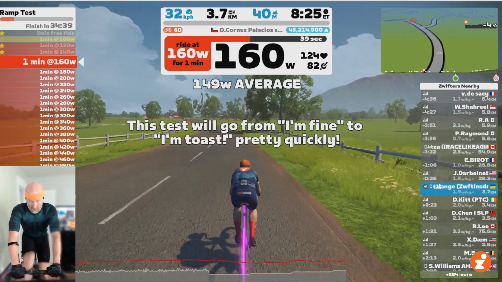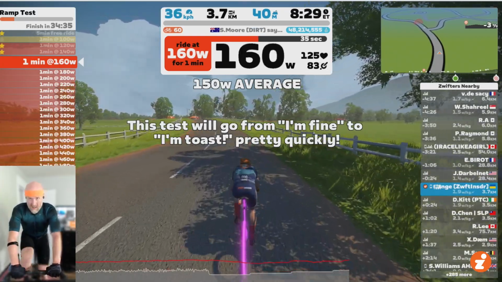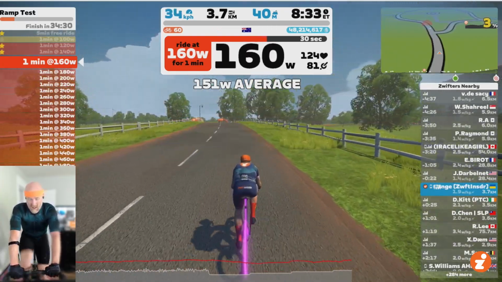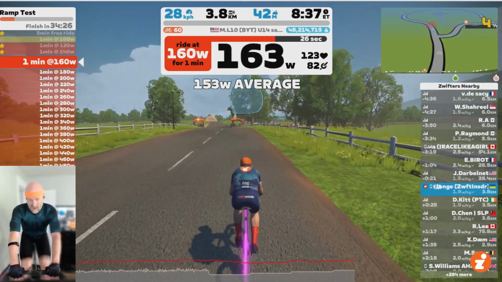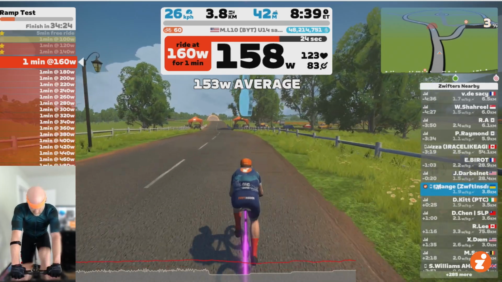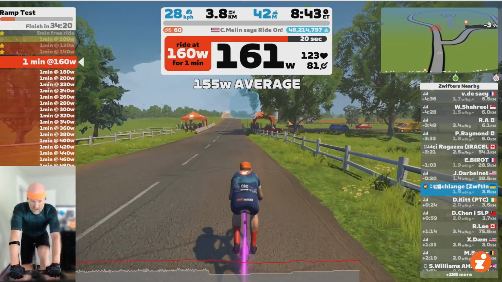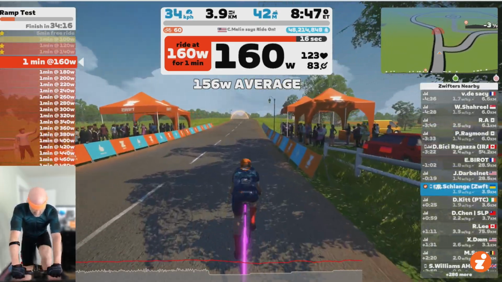What I would love to see today is an FTP increase to like 330. If I could finish the 440 interval, I would be pleased with that.